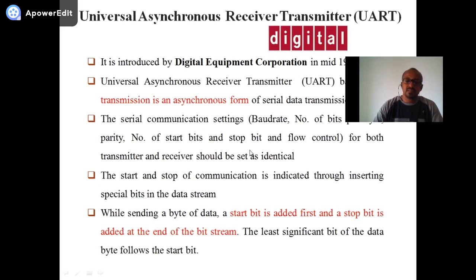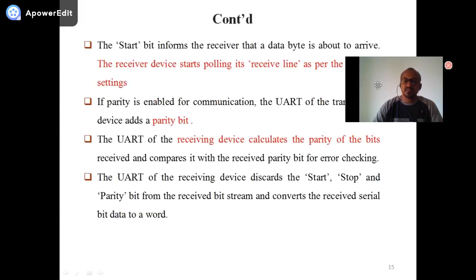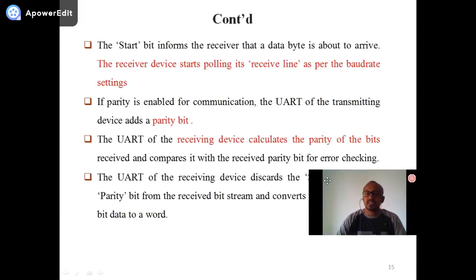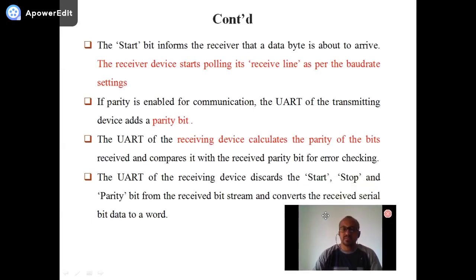First the least significant bit is transmitted, and then it is followed by the higher bits. A receiving device starts polling its receiver line as per the baud rate setting. Usually a universally accepted baud rate of 9600 bits per second is supported.